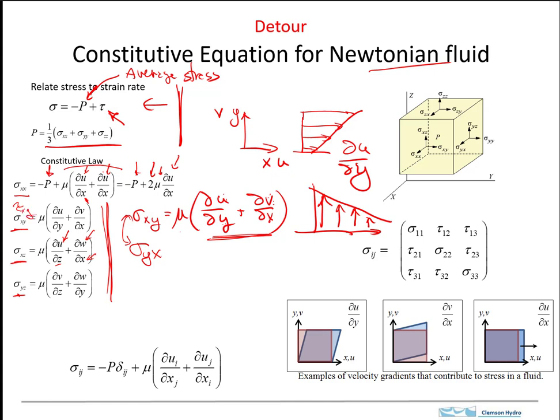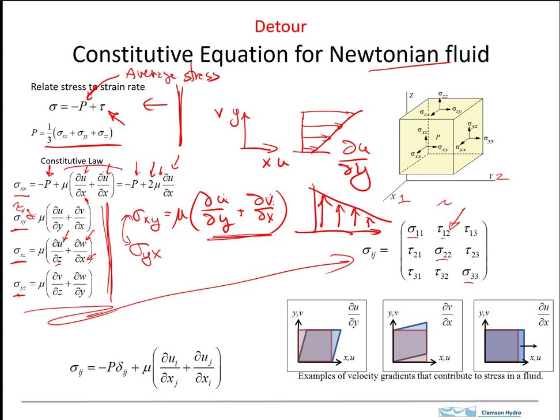And so this gives rise to the stress tensor, which I show over here. This is a version where the normal stresses are shown with sigmas and the shear stresses with taus. I'm also using index notation, so we might have x be the first index and y be the second index.